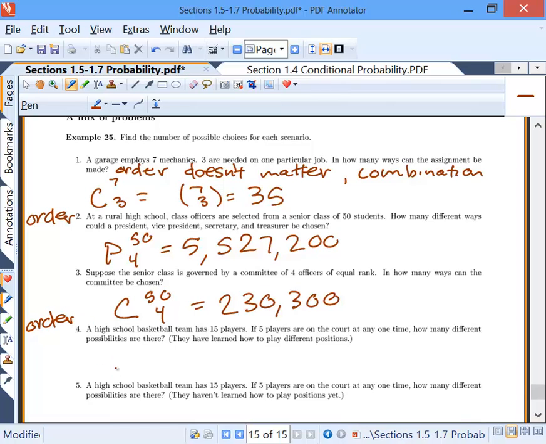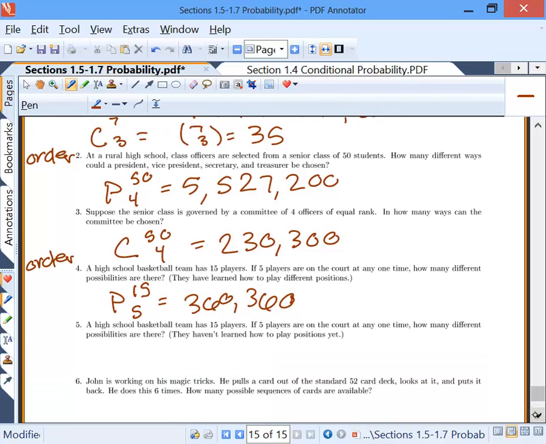So I was going to do a permutation here. That's 360,000 combinations, so the coach gets to go through each of those to figure out which one's the most optimal combination.